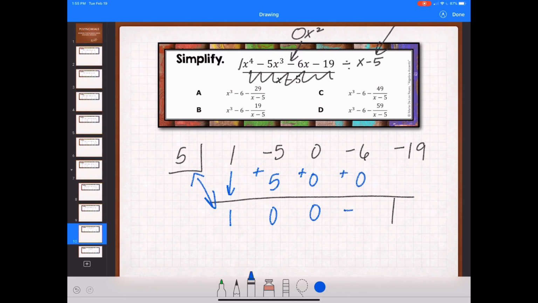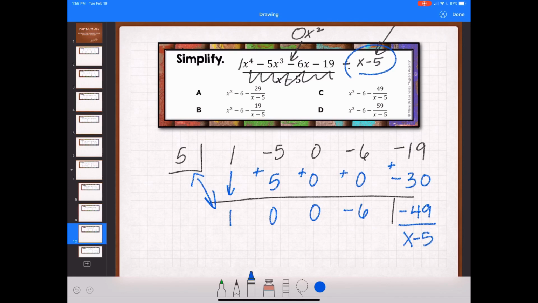Negative 6 plus 0 is negative 6. Multiply the corner. Negative 6 times 5 is negative 30. And then you're going to add, which gives us negative 19 plus negative 30 is negative 49. That's our remainder. So negative 49 over the original divisor, x minus 5.